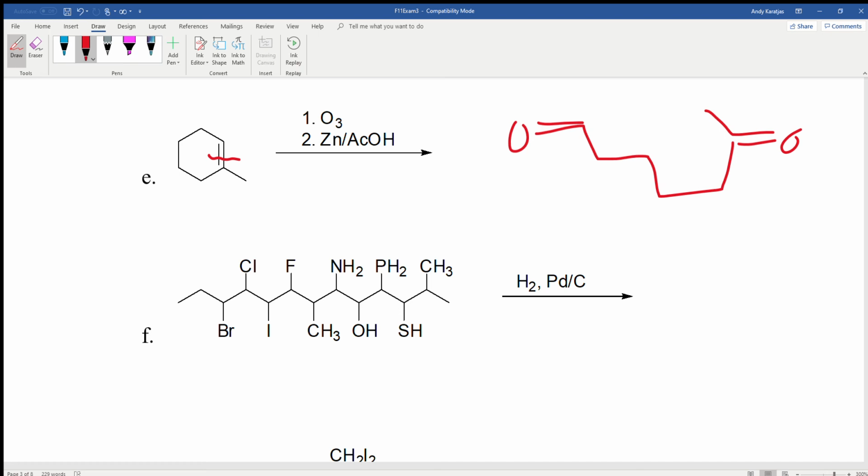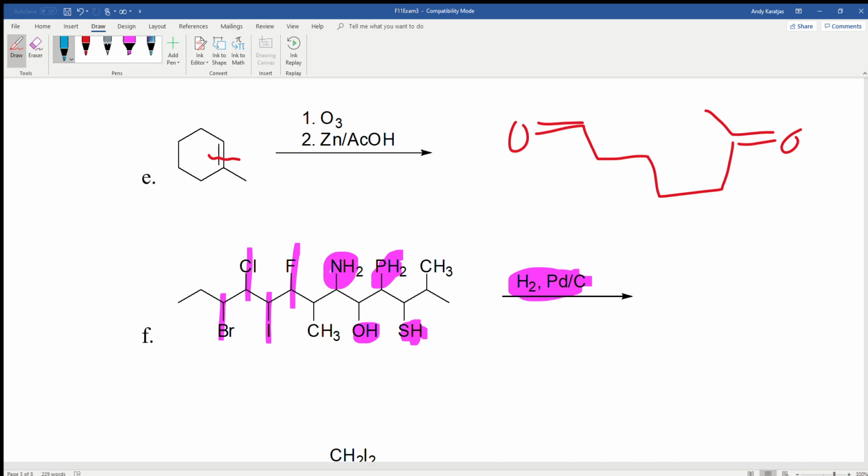Question F has a lot of different functional groups here. You can see we have these alkyl halides, we have an amine, we have an alcohol, thiol, phosphorus. But at this point, reactions like this, and we'll continue to see this with these reagents, hydrogenation is a reaction primarily of alkenes and alkynes.